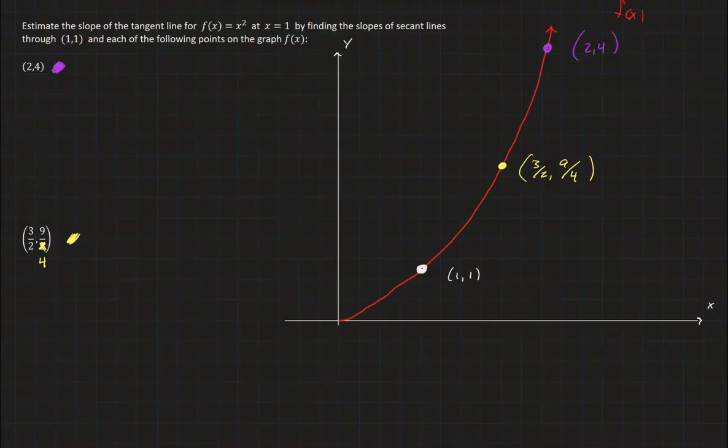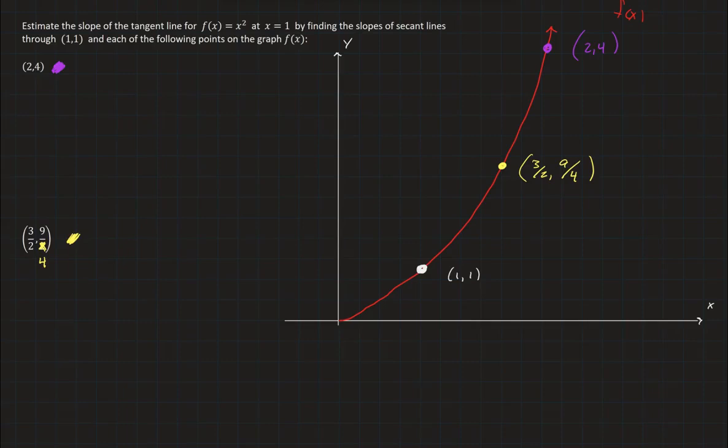So if I put this x value into my function x squared, I'm going to get this y value out. 1 squared is 1. If I put this x value 3/2 into x squared, I'm going to get this value out, 9/4, right? My typo over here. And if I put the x value 2 into this function, 2 squared is 4, so the second half of this point is 4.